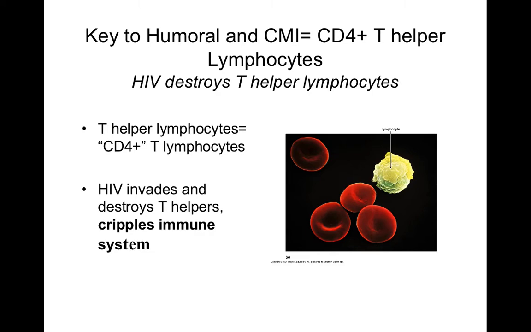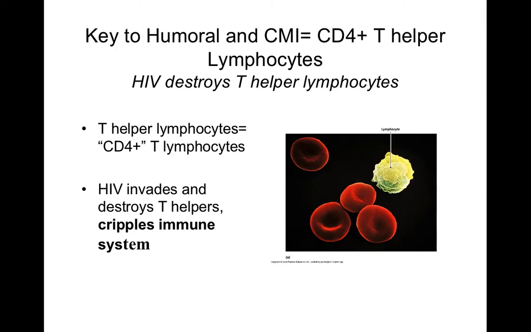And this is the great tragedy of HIV. HIV targets our CD4 positive T helper lymphocytes and eventually can destroy enough of them that the entire immune system collapses. And that's when we end up with AIDS, acquired immunodeficiency syndrome.